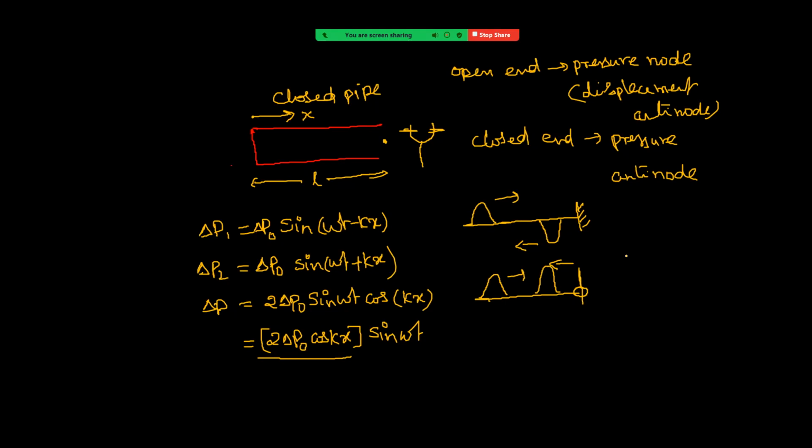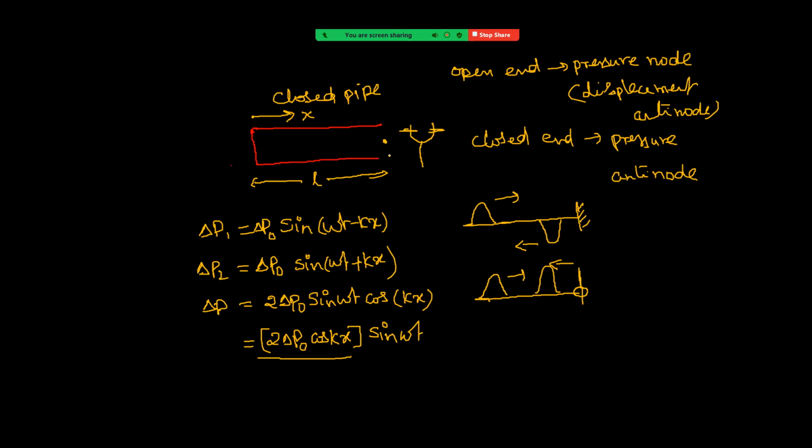Now coming to here, if sound is reflecting from the open end, see these points very carefully. If sound reflects from the open end, which is a pressure node, compare that with the reflection of the pulse from the fixed end. Get the point?